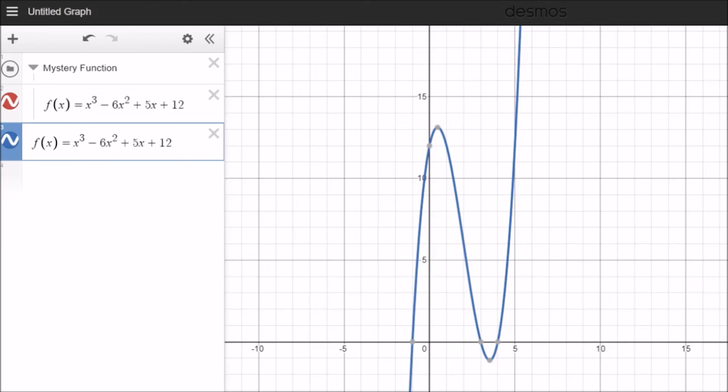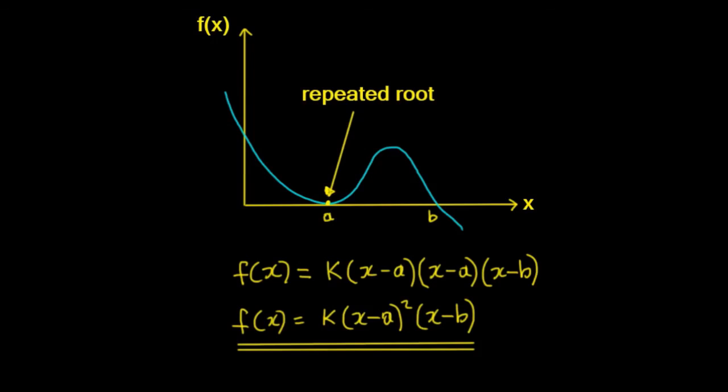There's one little thing I'm going to talk about before we finish this video. The last thing we want to mention is the idea of a repeated root. In this instance, the graph comes down and just touches the x-axis. You might be tempted to say that the general function f of x is k times x minus a times x minus b, but that isn't the case.